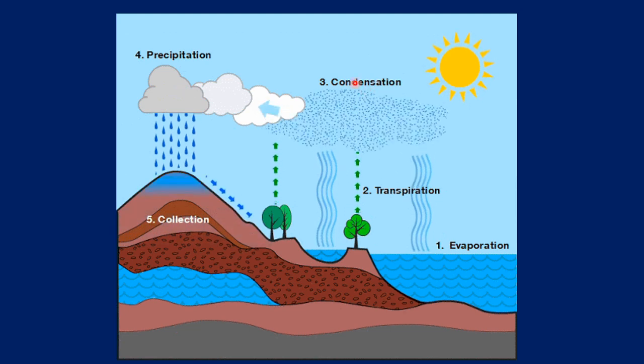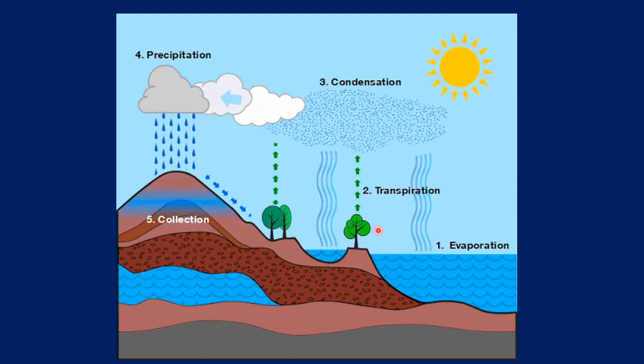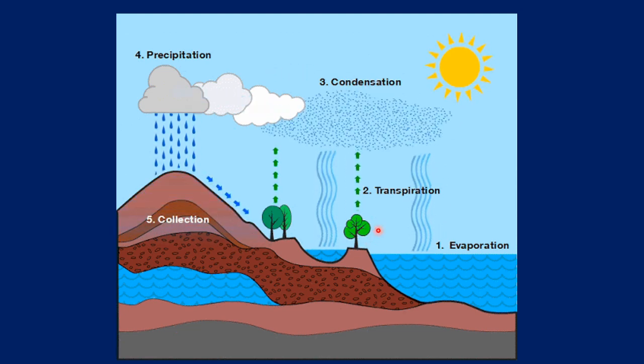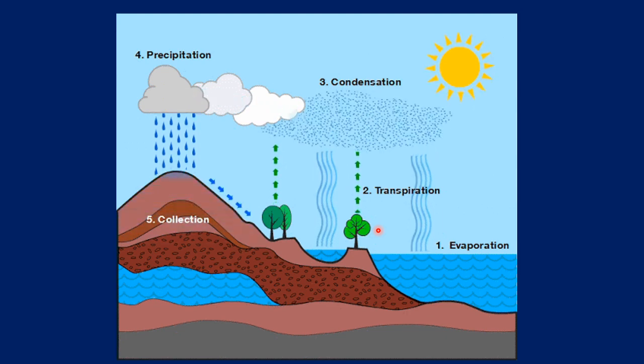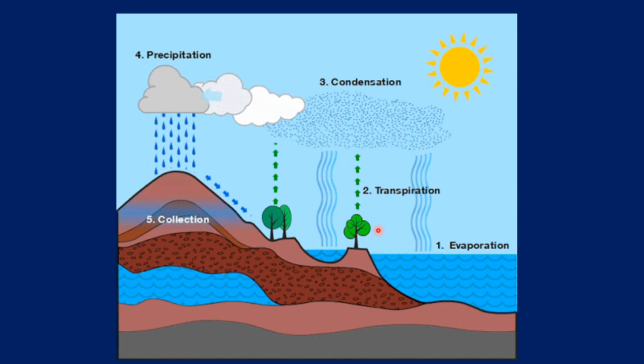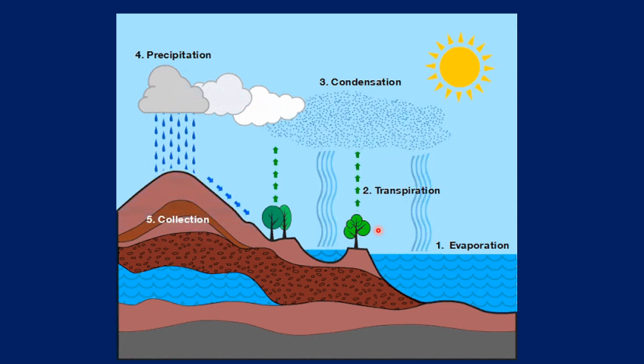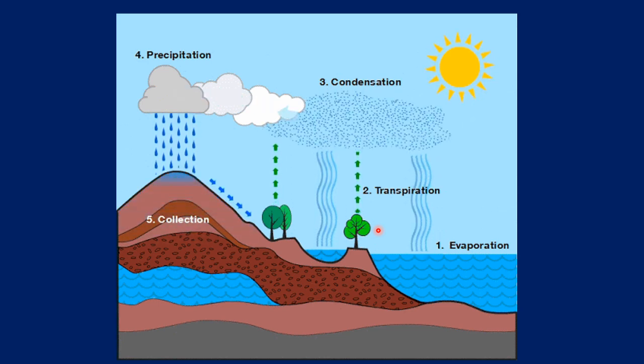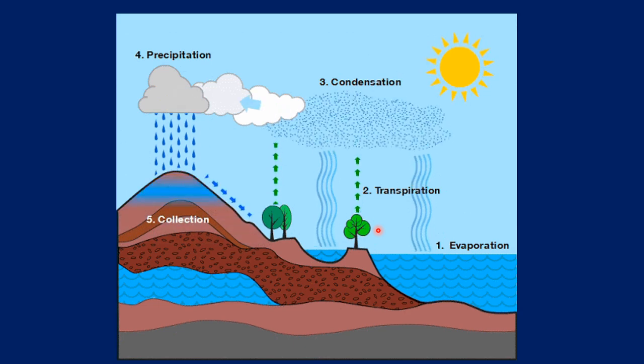This is the process of the water cycle, and the water cycle is a very essential phenomenon which should take place for normal life to exist on earth.